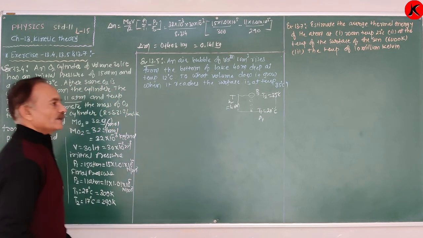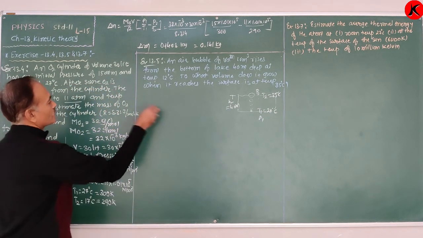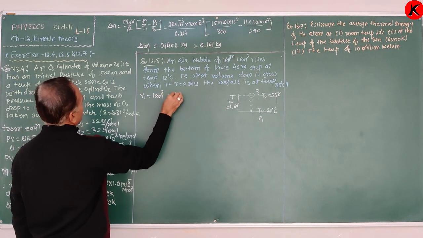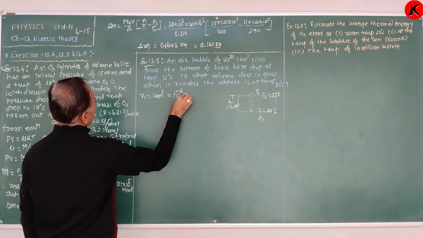So the initial volume V1 is given as 1 centimeter cube, that means 10 to the minus 6 meter cube.